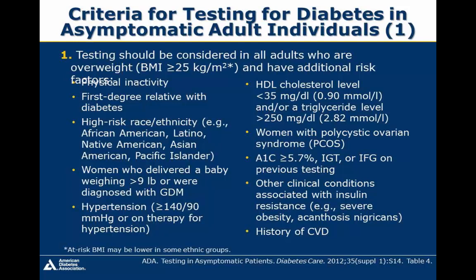Now, you are classified as pre-diabetic if the fasting blood sugar level is between 100 and 125, the 2-hour postprandial blood glucose level is between 140 and 199, and the glycohemoglobin is between 5.7 and 6.4.